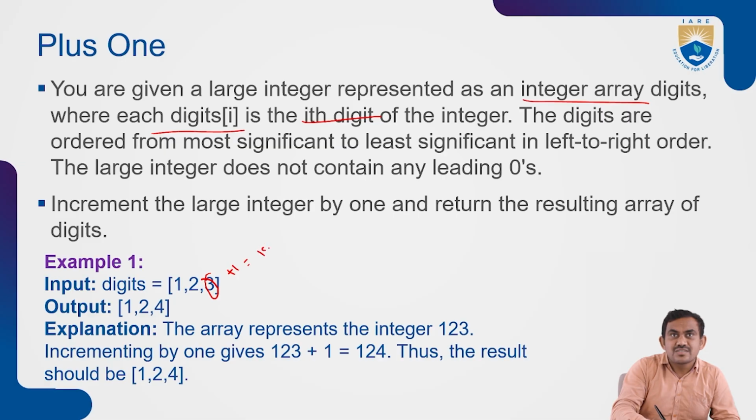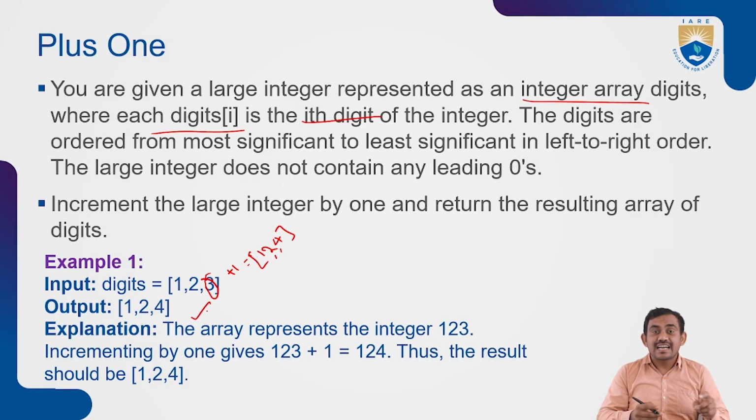So we have 1, 2, 4, written as a list, not again a number. The problem statement is very simple. The condition is we have the array, in that array we have the integers, and for the last digit we need to add 1.